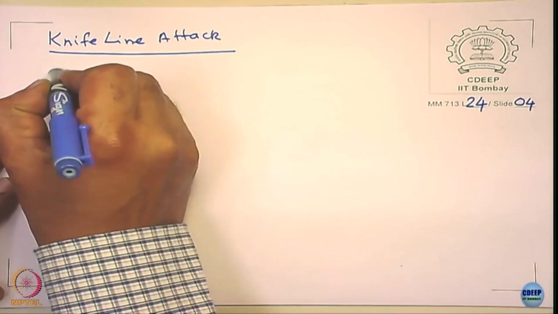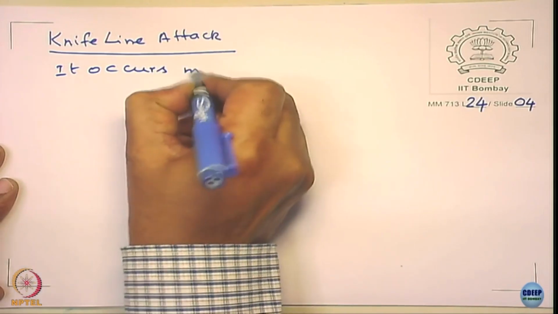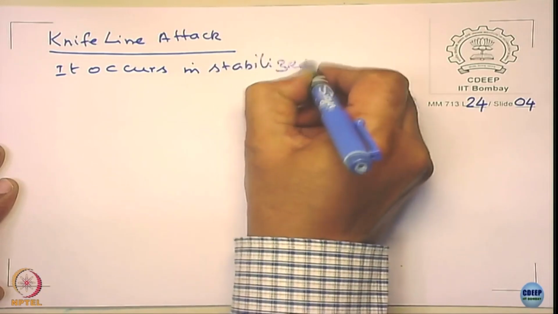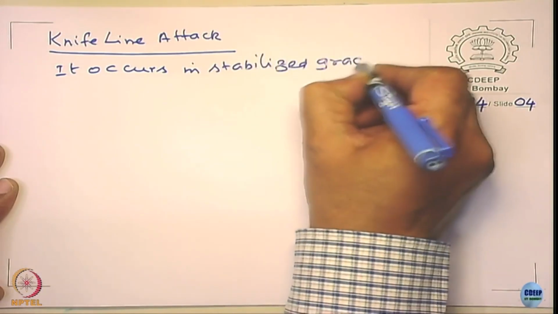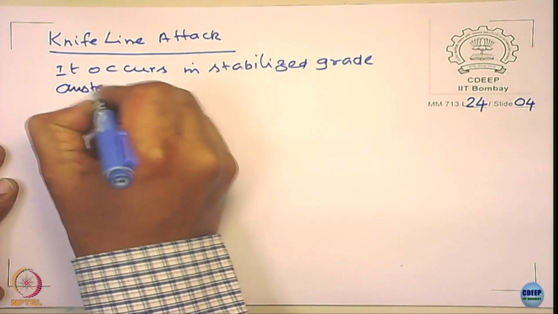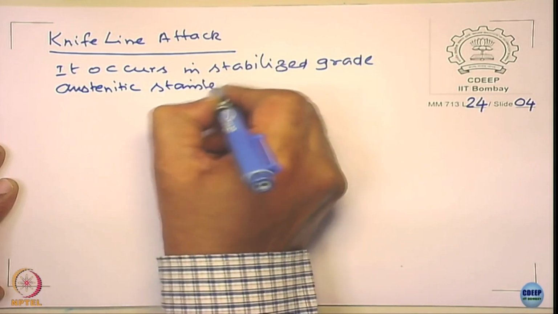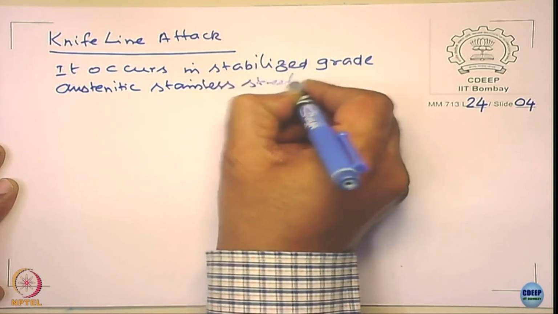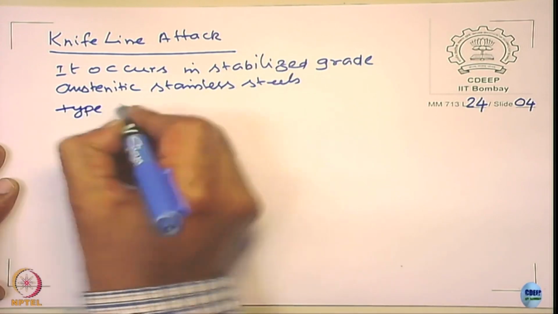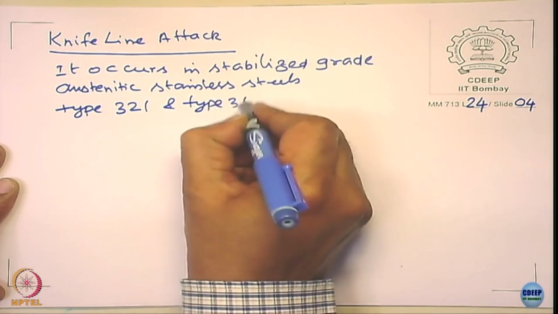It occurs in stabilized grade austenitic stainless steels. We talked about two grades of that. One is type 321, the other one is type 347.